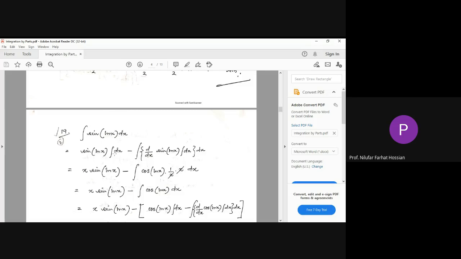Your second function is 1, just 1. And whole integration of what? Put a second bracket, d dx of the first function. So d dx of sine of ln x into integral of dx, close the second bracket, another d. This dx is for the whole integration. So here integral of dx is simply x. Put this x to the left of this sign.